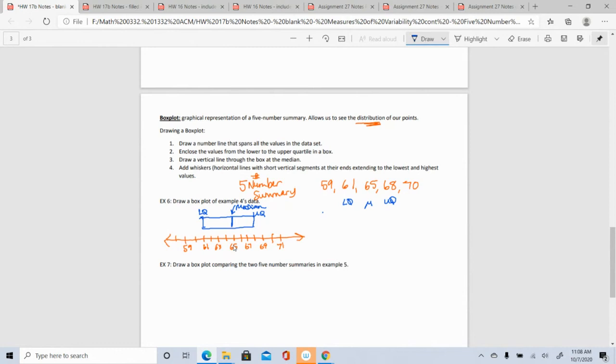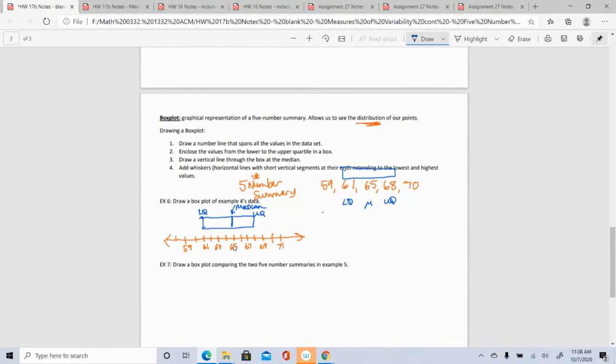It's going from lower quartile of 61 up to 68. That's our box, okay? Now, sometimes that line might be way over here, close to the upper quartile, or way down here. It's not necessarily going to be in the middle of the box. It's going to be inside the box.